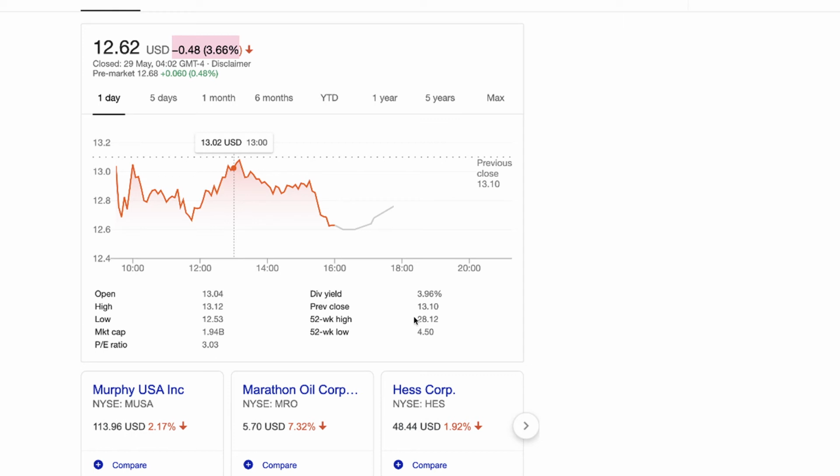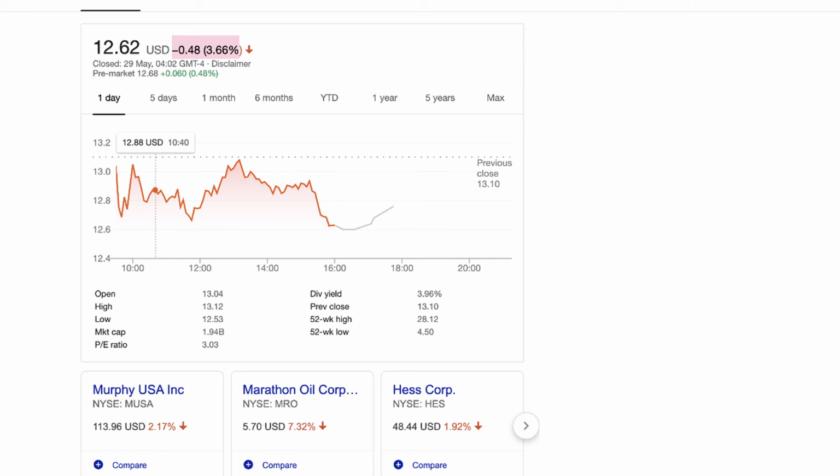Next up, we have the dividend yield. The dividend yield here is 3.96%. The dividend yield is basically the amount of money a company pays shareholders over the course of a year for owning the stock, divided by its current stock price, hence why it's a percentage.